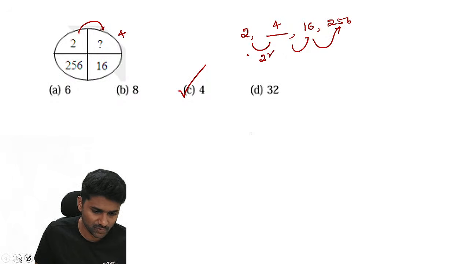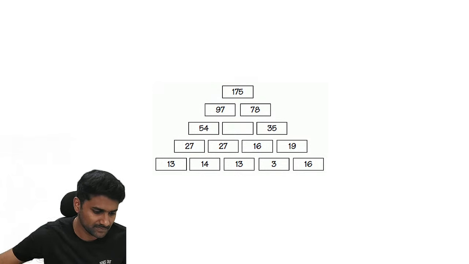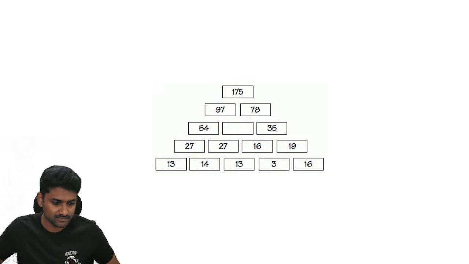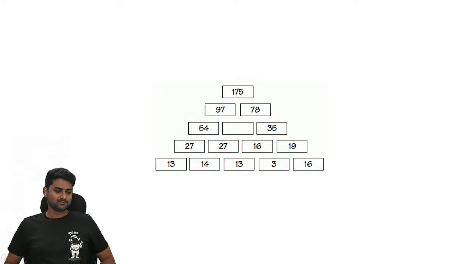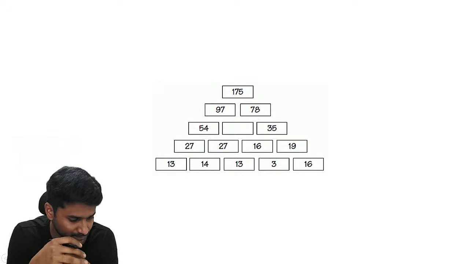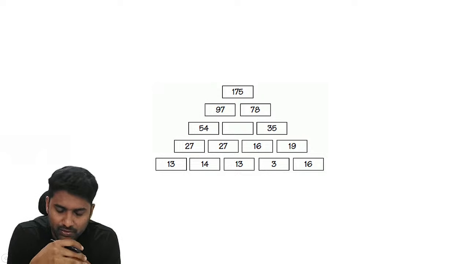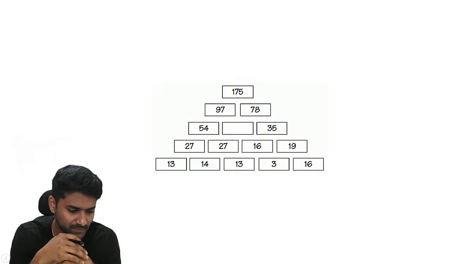Yes. On to the next question. So understand the pyramid concept. Try to go through this question. It's a pyramid shape, so we have different numbers. There is one number which is missing.